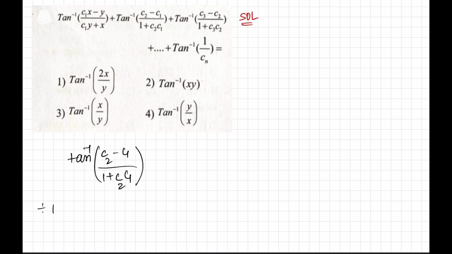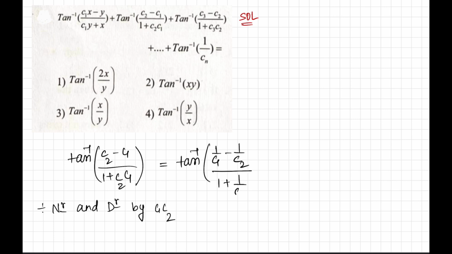We divide numerator and denominator by C1C2. तो ये क्या मिलेगा हमें? tan inverse (1/C1 − 1/C2)/(1 + 1/C1 into 1/C2). और इसका benefit ये है कि 1 by constants के terms में हमें tan inverse मिलेगा and that is exactly matching with our last term.